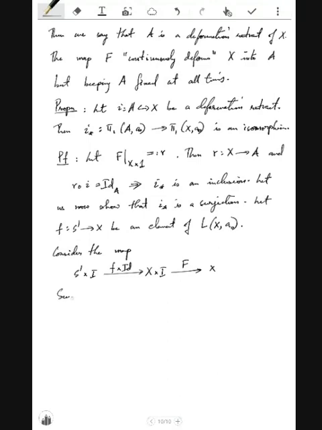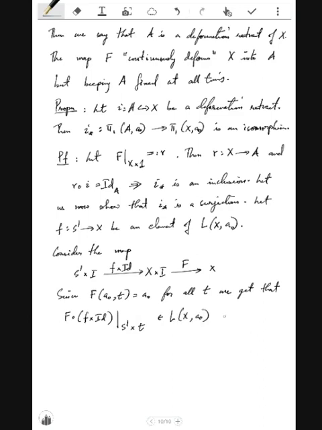Since F of A0 comma t is equal to A0 for all t, we get that F compose f cross identity restricted to S1 cross t is in loops based at A0 for all t.